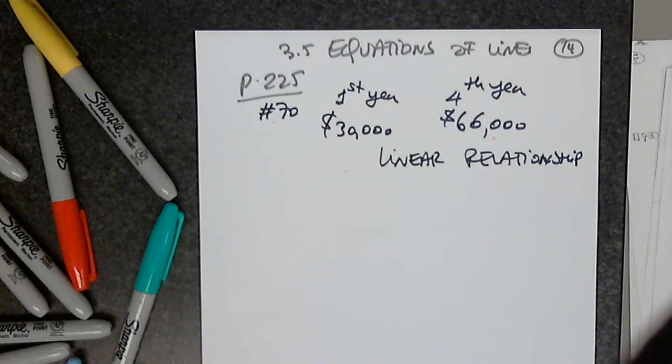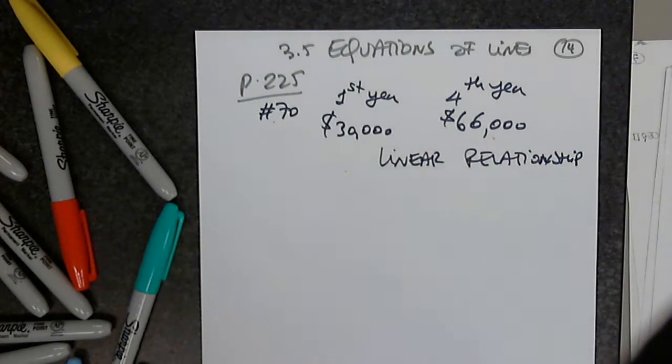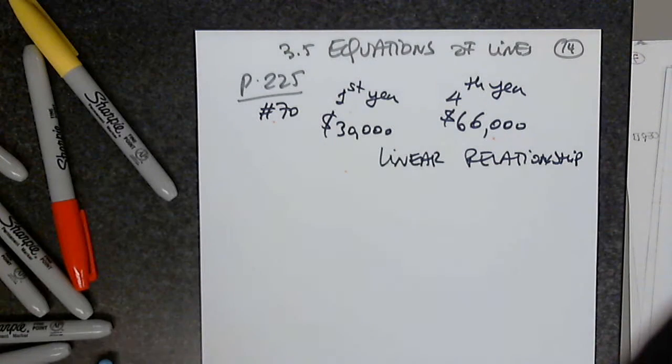What do I do? What is given in the problem? First year and the fourth year. Yes? And then you got 30,000 and 66,000.